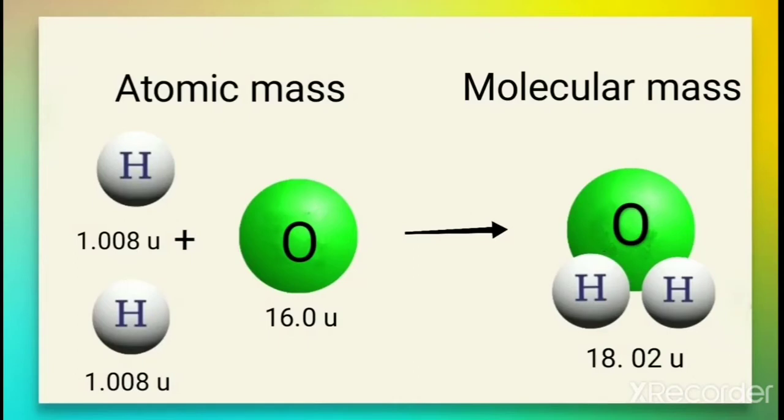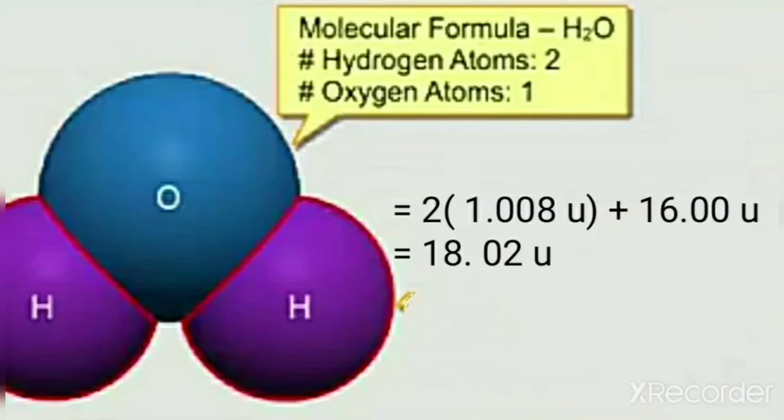Since the water molecule has two hydrogen atoms and one oxygen atom, we sum up the atomic mass of two hydrogen and one oxygen: 1.008 plus 1.008 plus 16, which gives 18.02. That is the molecular mass of water, 18.02 U.